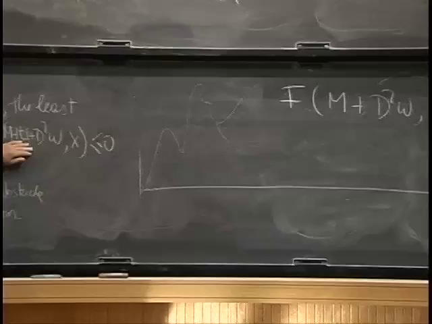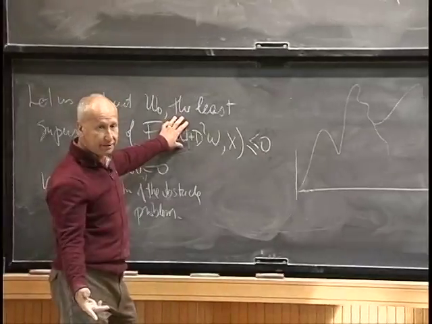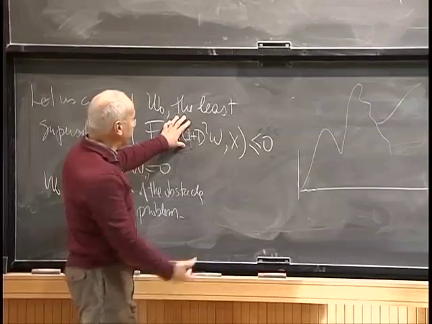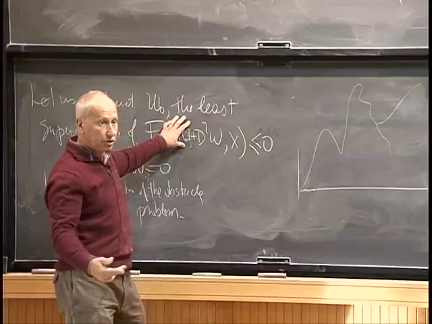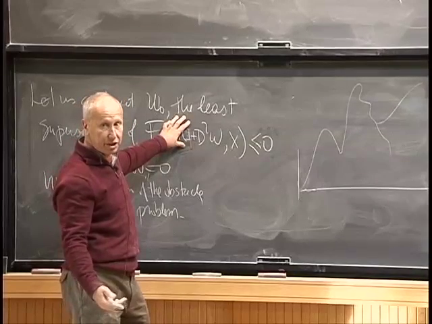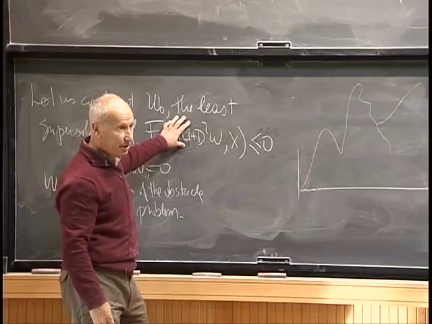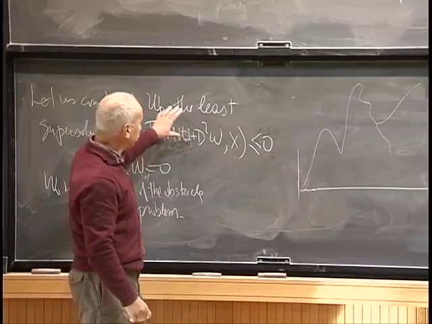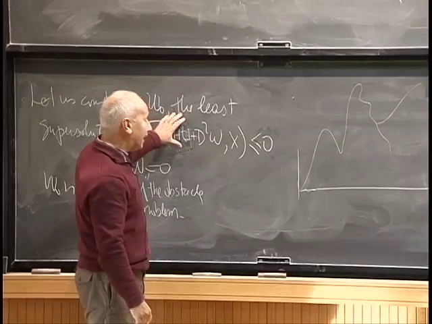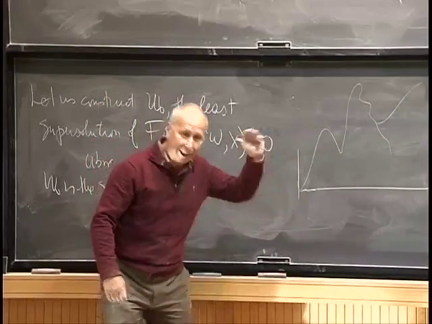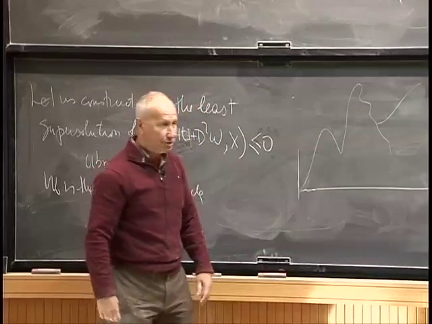While if t is very negative, this matrix is very negative. To make a solution of the equation, the D squared of W has to be positive, right? It has to have larger positive eigenvalues. Okay? So W will try to be very convex, but cannot go through 0. So it's going to stick a lot.